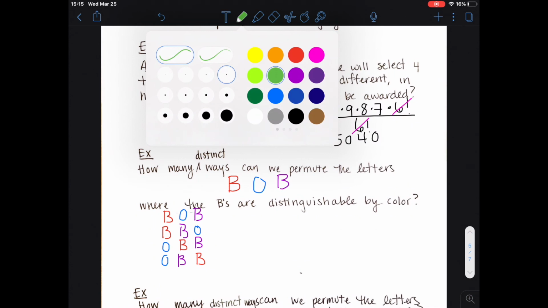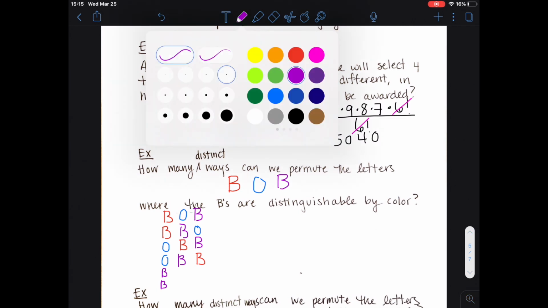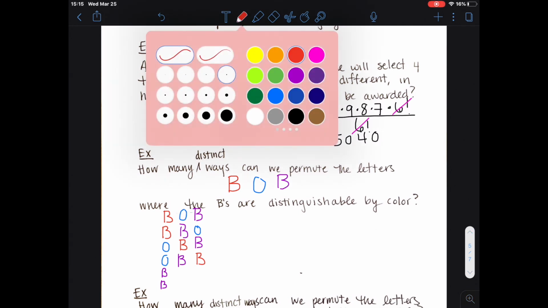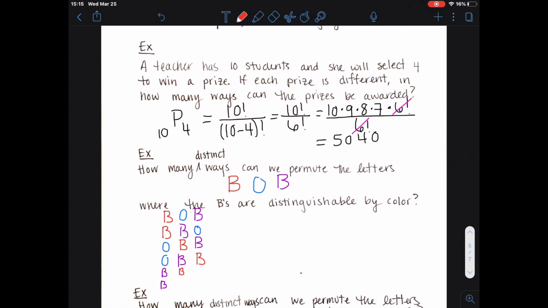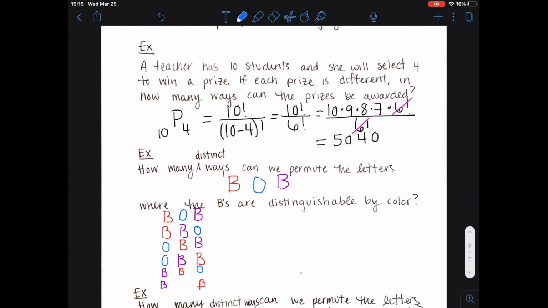And then finally, I could put the purple B first, and then I'm going to have two different possibilities. I can put the red B first, I can put the red B second after it. Or I could put the O and the O here.